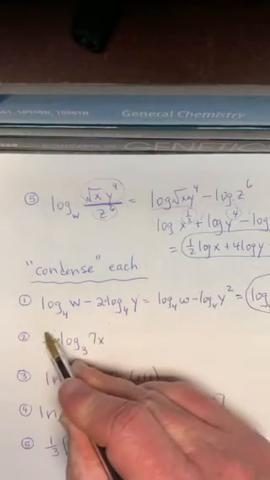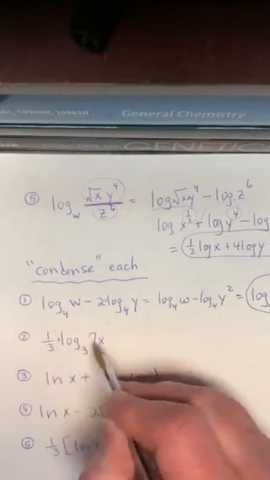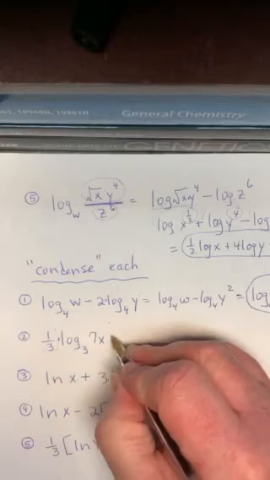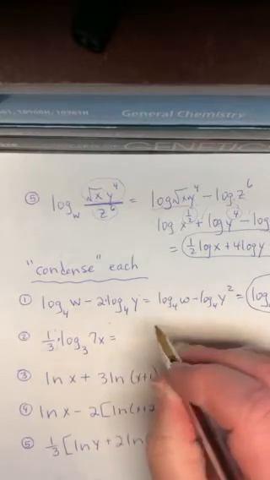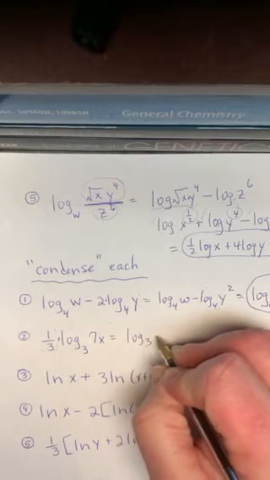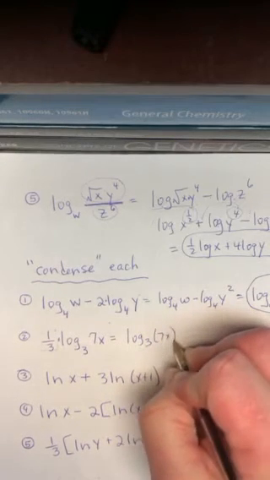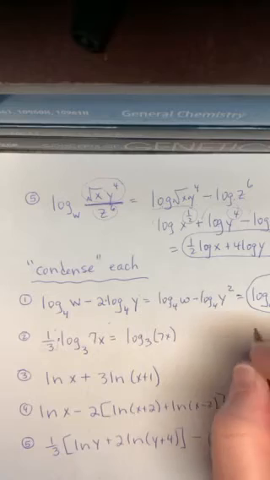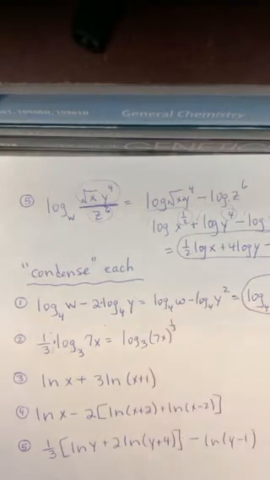Because it's now out in front, as you see in this problem. So technically, I've got log base 3 of 7x, and that 7x is raised to the 1/3 power.